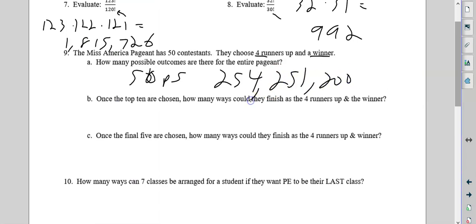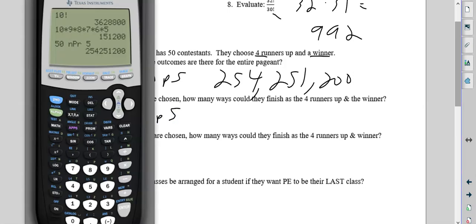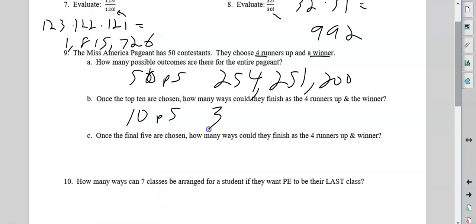Quite a few. Now, once the top 10 are chosen, how many ways could they finish? Okay, so that's 10 people now they're choosing from, and they're doing 5. So we're going to do 10 math, NPR, 5. 30,240.